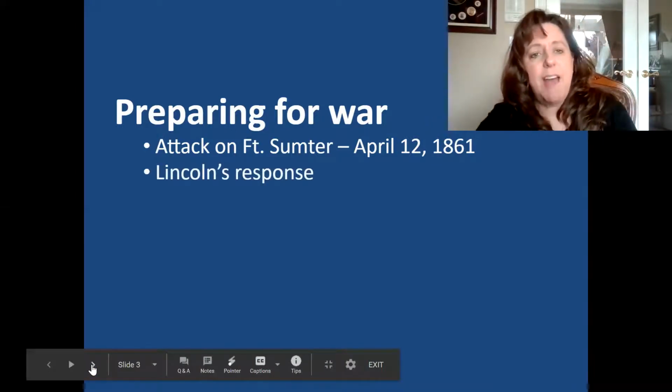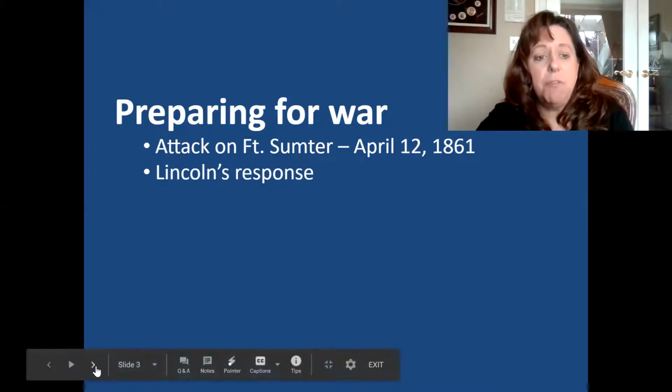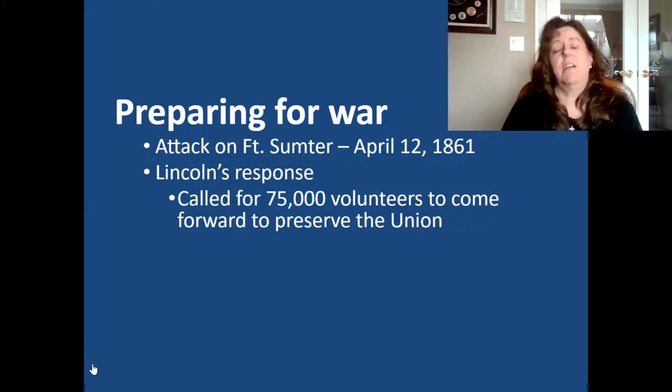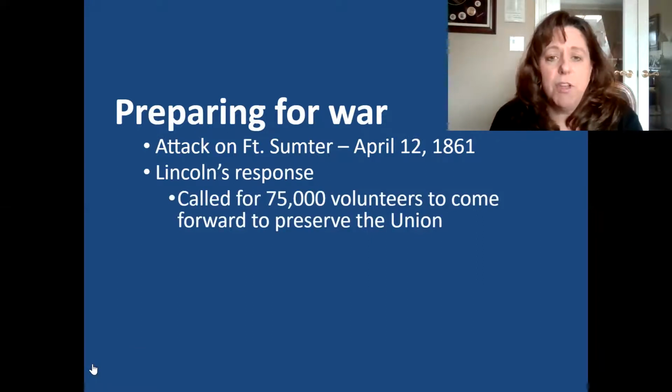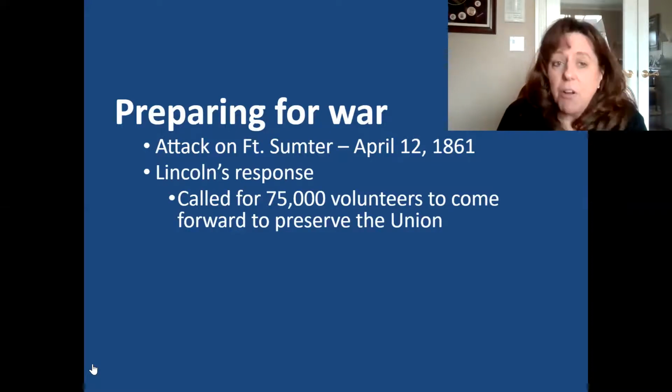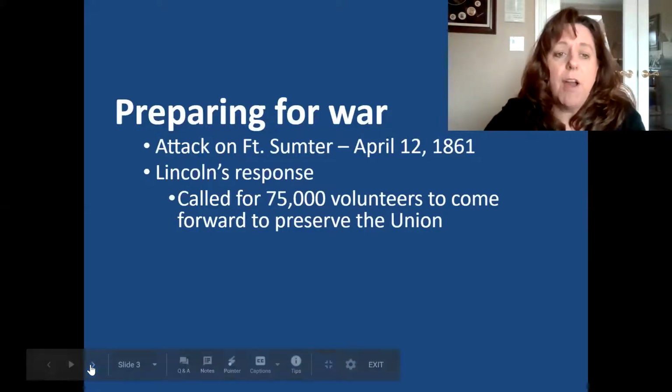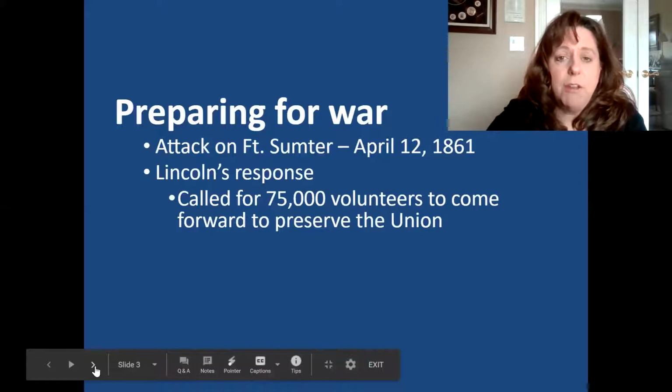And because the South had attacked a Union fort, a Northern fort, an American fort, Lincoln instantly asked for volunteers to come forward to help preserve the Union. The South had said, we're seceding, which means they're leaving, and they had fired a shot. And so at that point, it was time for Abraham Lincoln of the Union to get volunteers to come forward.